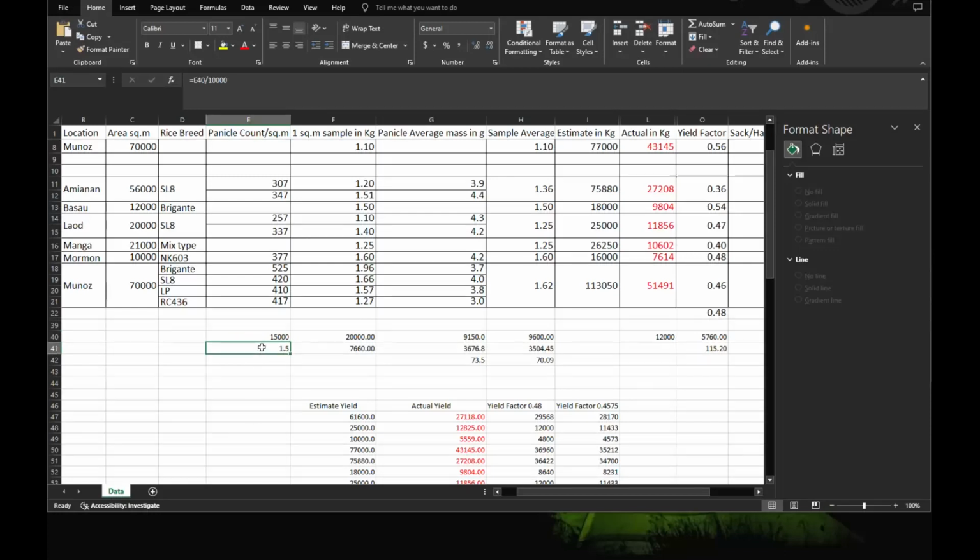I divide that by 10,000. It gives me 1.5 kilos per square meter. This 15 tons, I have the same thing here, but I have around 10 tons. I'm missing 5 tons. Why am I missing 5 tons?